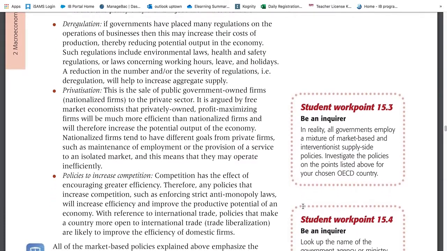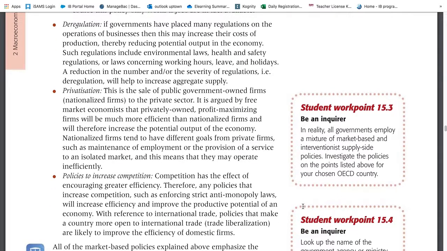Some other points that can come up: deregulation. That's where pretty much the government can get rid of a lot of the regulations in terms of environmental law, health and safety laws. By having less regulations, once again, it can increase aggregate supply because it's easier and faster for businesses to conduct their activity.